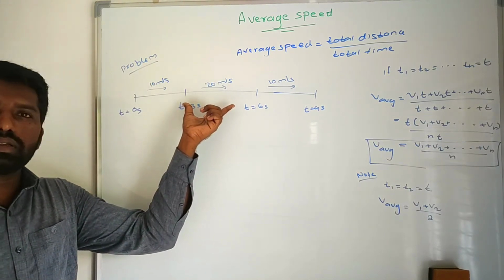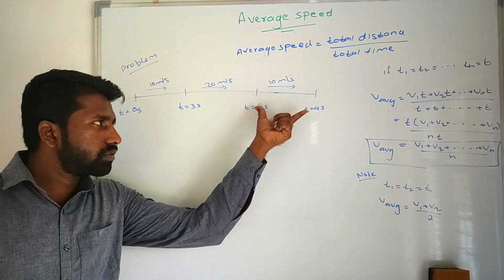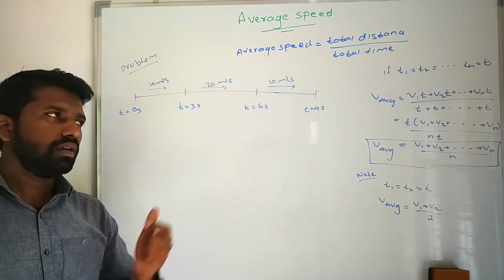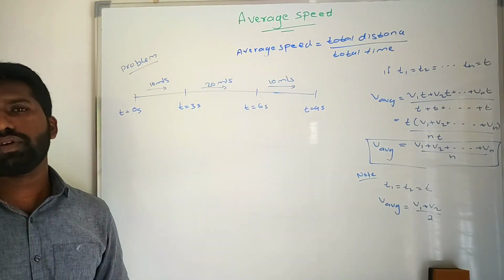The next 3 seconds the object travels with a speed of 20 meter per second. The next 3 seconds the object travels with a speed of 10 meter per second. Then what is the average speed?